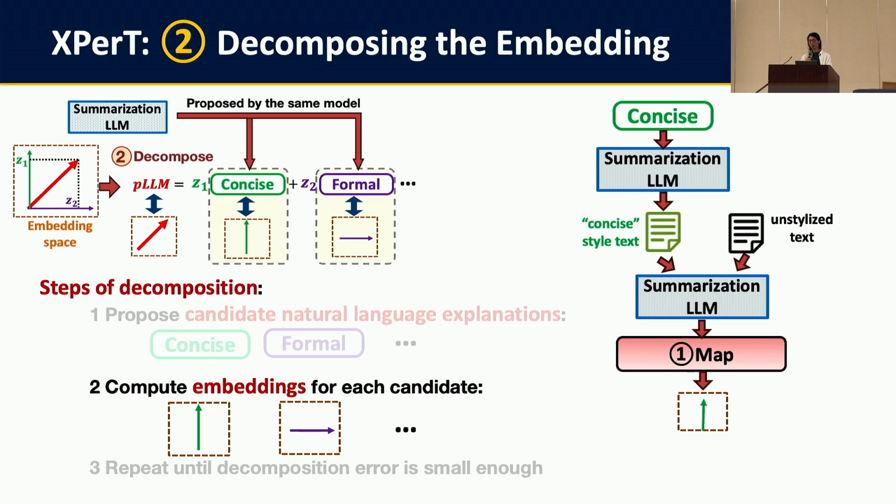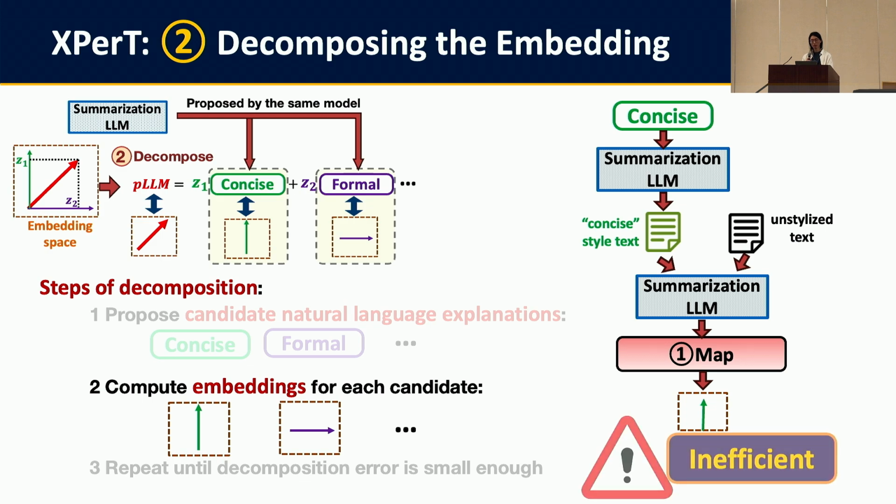A straightforward way is to first ask the summarization model to generate some synthetic text that can reflect the style of that candidate. And then we can repeat step 1 to convert the changes in the text style into an embedding. However, doing so is very inefficient because we need to run inference many times for every keyword.